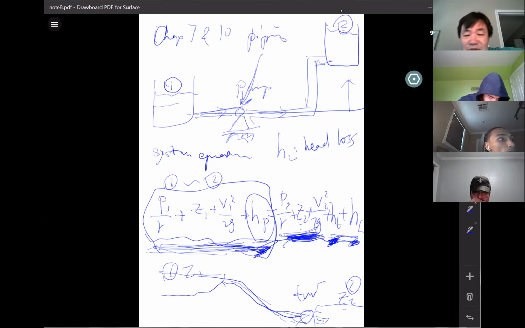Today I don't have time to give you an example, but next time I will. HP and HT are usually specified from your pump and your turbine, so there's not much to calculate or model. But HL, we can model it. Let me give you the equation. There are two parts of loss.